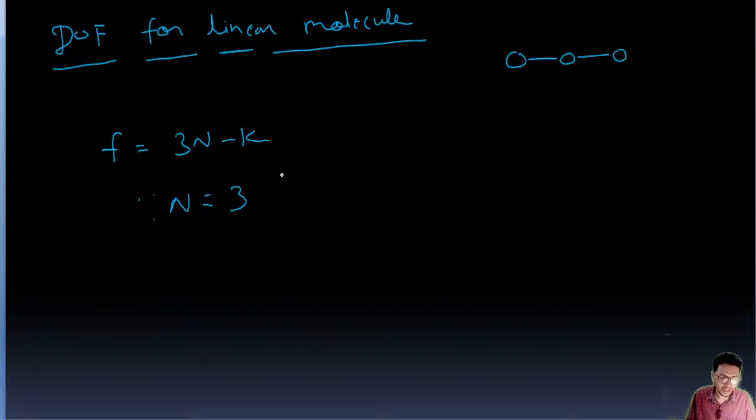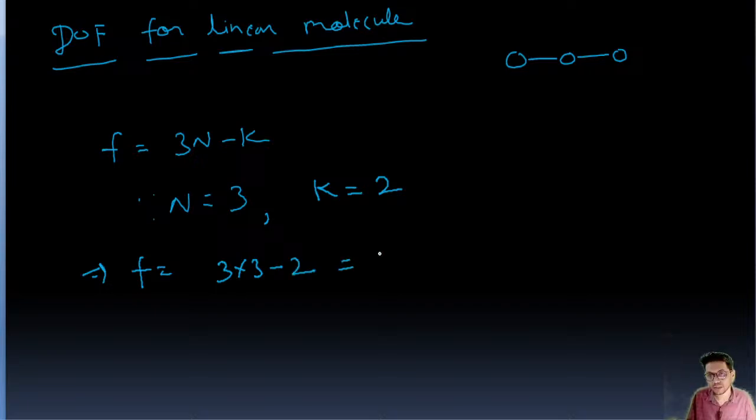So in case of this linear triatomic molecule, k is 2. So F is going to be 3 into 3 minus 2, right? 3 threes are 9, minus 2, that is 7.